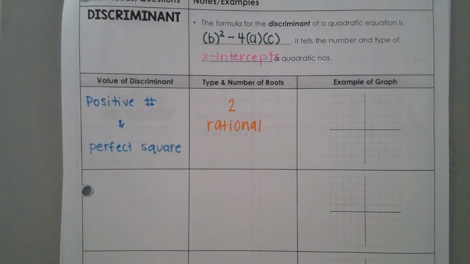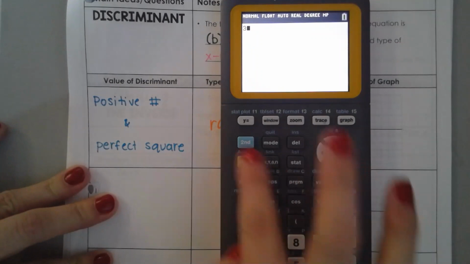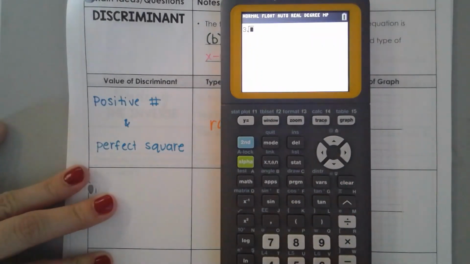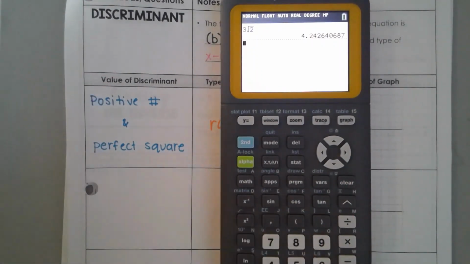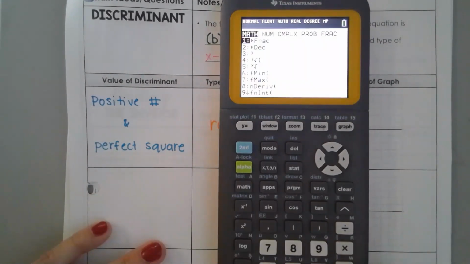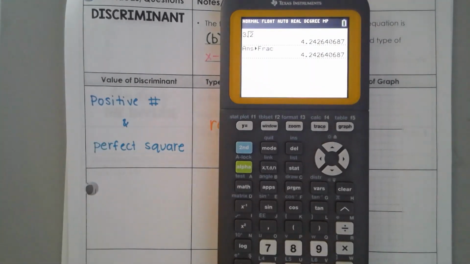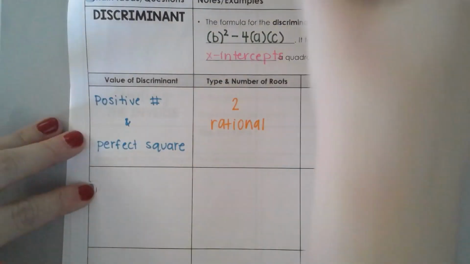It's not a fraction. Anything with a square root left in the answer, like square root of 2, if I have this number, 3 square root of 2, I get that decimal. If I try to convert it to a fraction, it doesn't work. That's irrational. It's not a nice, neat number.